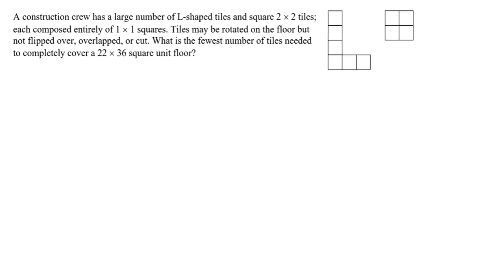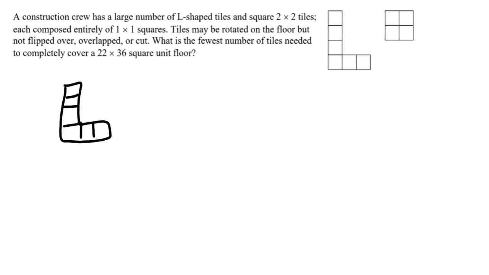So these 2 by 2 squares, so if it's 22 by 36, I could use 2 by 2 squares to fill in that space. It's probably not going to be the most efficient, though. I can also use these L-shaped ones, but the problem is I'm going to end up with weird combinations. So what you want to think about is taking this L shape that's here. There are 3 and 3, okay?